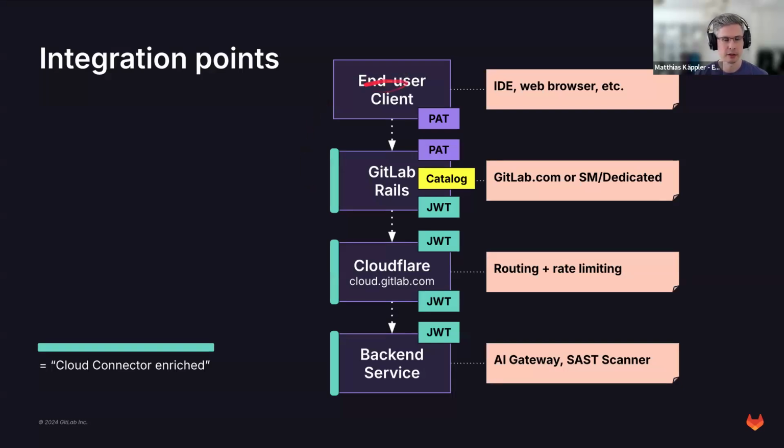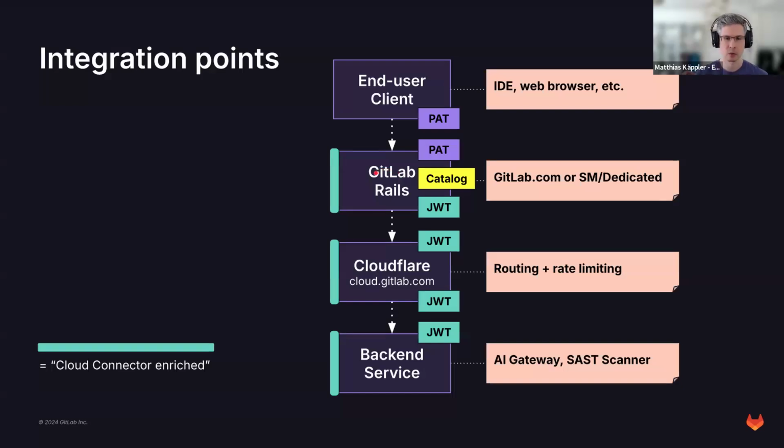But it does not start at the end user client, though this is where the request originates. Especially since we have a lot of folks here from the authentication and authorization groups, if you think in terms of how authentication works here, what we typically start with is an auth token or a personal access token. That's been around forever. That's not where Cloud Connector comes in. But we send this request and authorize it at the GitLab Rails instance.